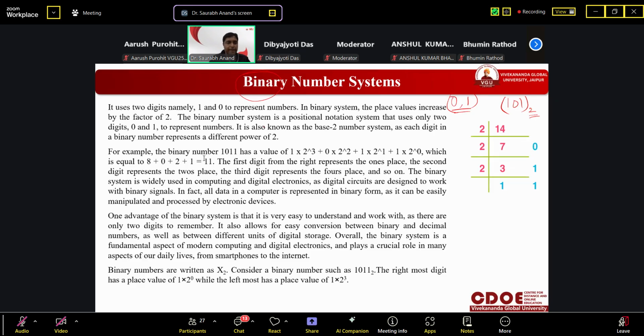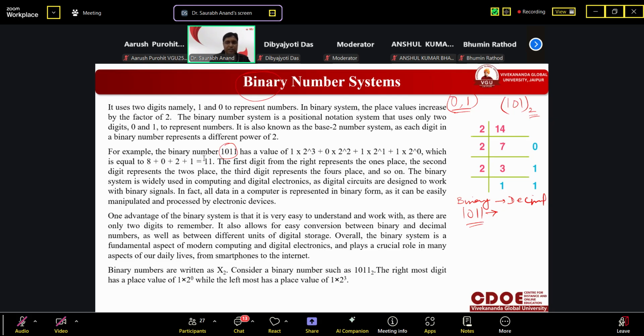Clear? So this example is 1011. This is a binary number, and if you want to know its decimal value, the question is to convert binary into decimal.